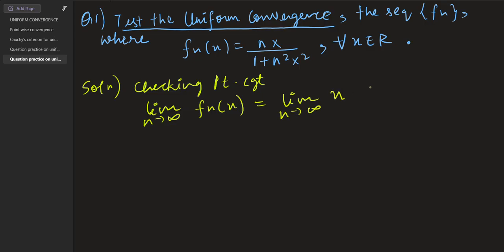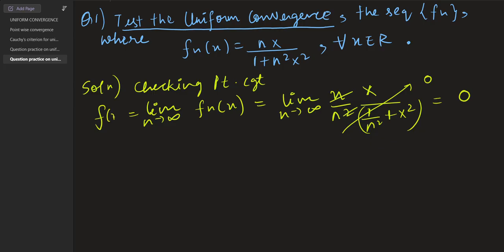If we take n common from the numerator and denominator, then we get n square upon 1 by n square plus x square. And if we cancel this and take n tends to infinity, then this whole term goes to 0. This implies this is equal to 0, which is your f of x.